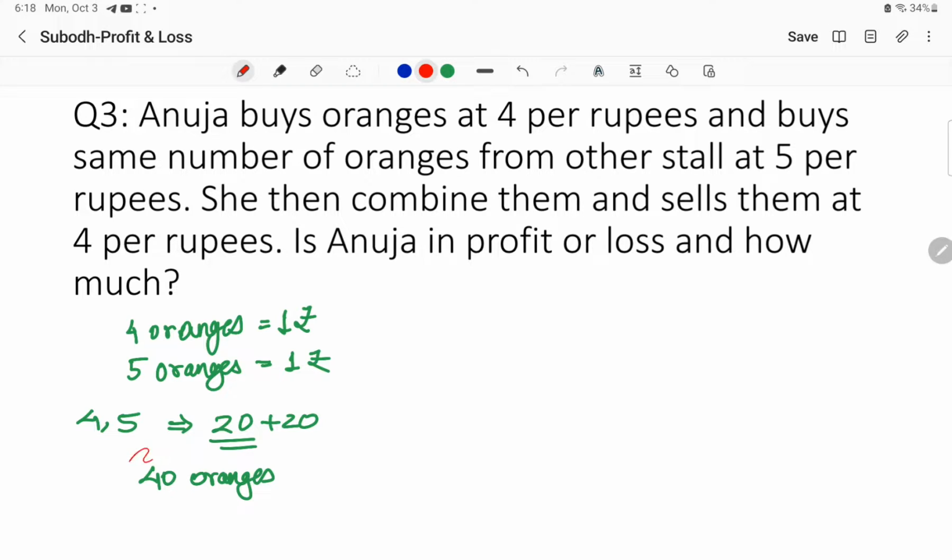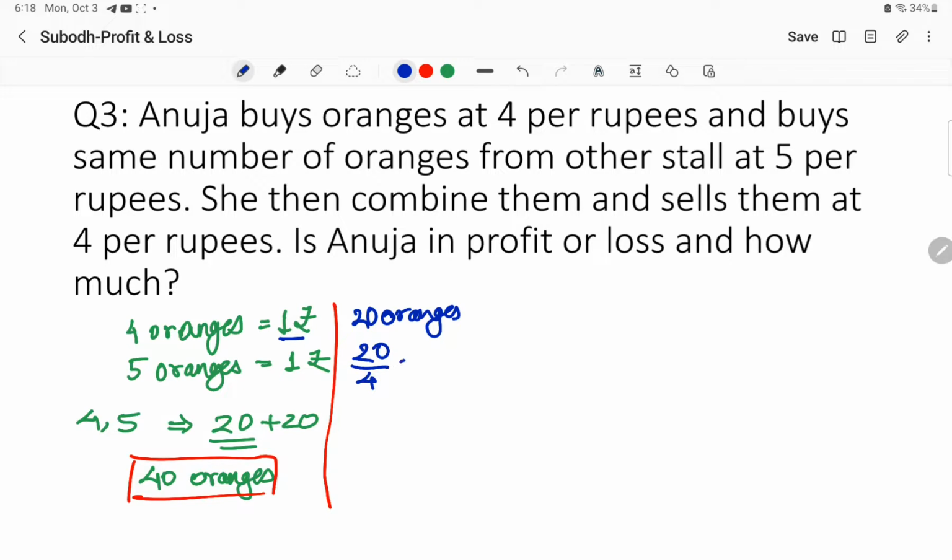So we will keep this highlighted. From the first shop she bought 20 oranges, and we know 4 oranges cost 1 rupee. So for 20 oranges, 20 divided by 4 is 5 rupees.